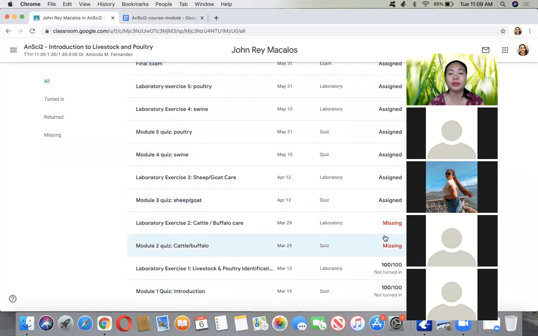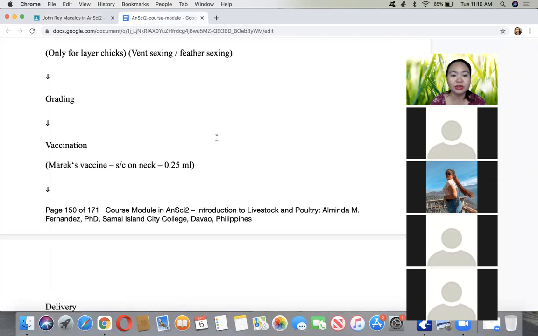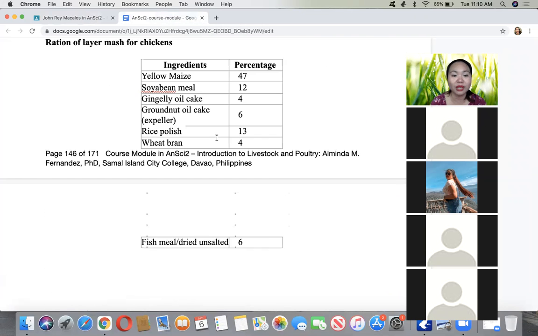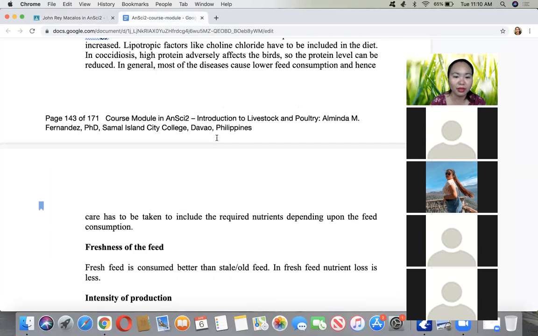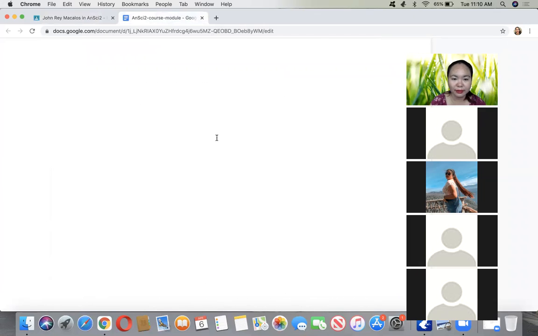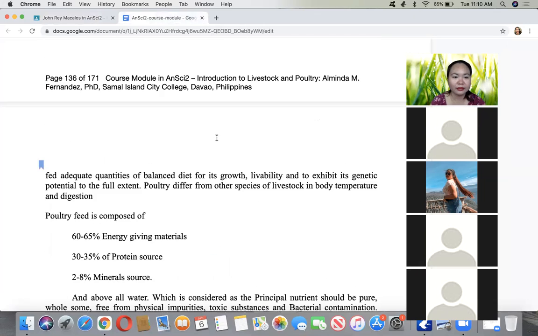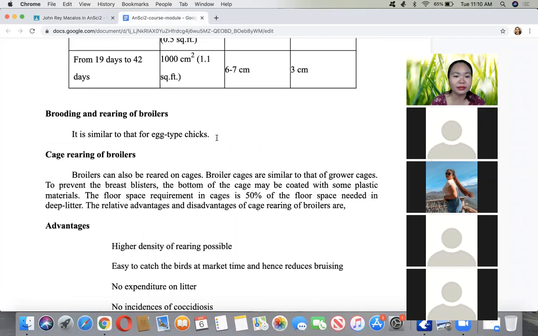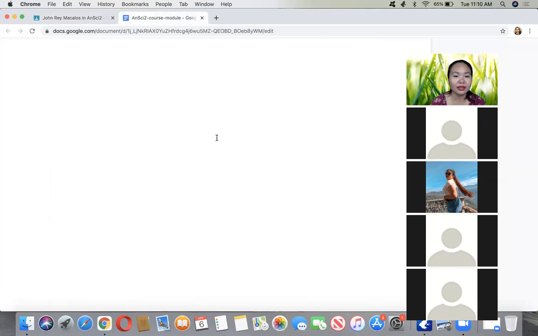It will just remind you of our pacing, because periodically you should have output, so you don't end up cramming on the final due date.